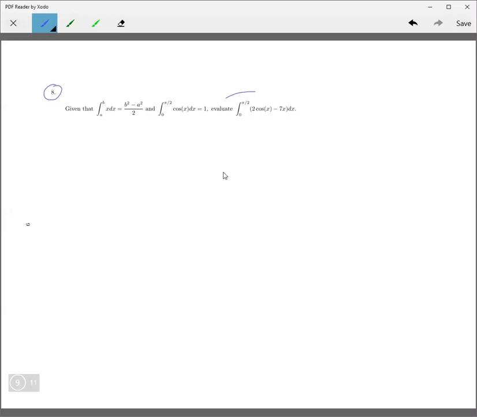Okay, now there's a bunch of properties of integrals which I haven't emphasized, but essentially, let me just explain it right here.